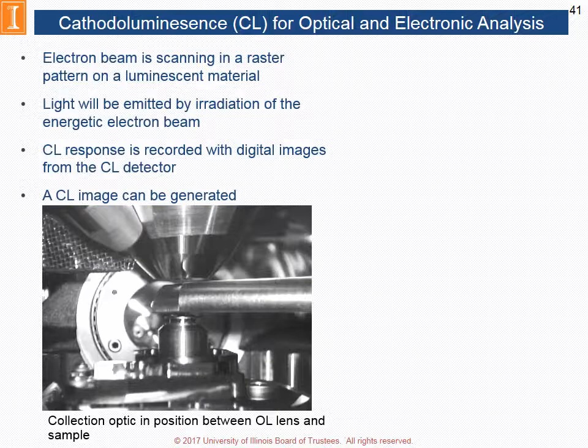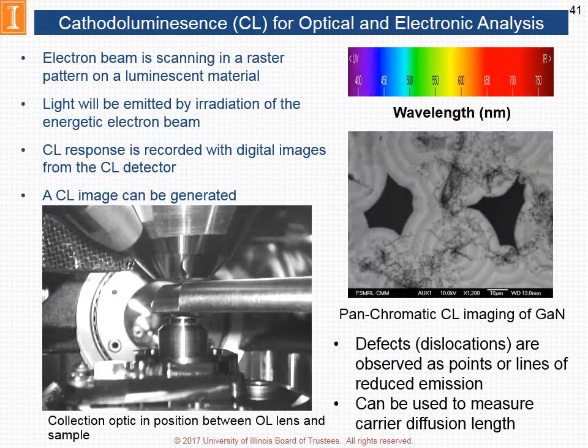Then the CL (cathodoluminescence) response is recorded from the CL detector. Then the CL image can be generated. This is a panchromatic CL image of gallium nitride. These dark lines are obviously due to reduced emissions and correlated to defects such as dislocations.